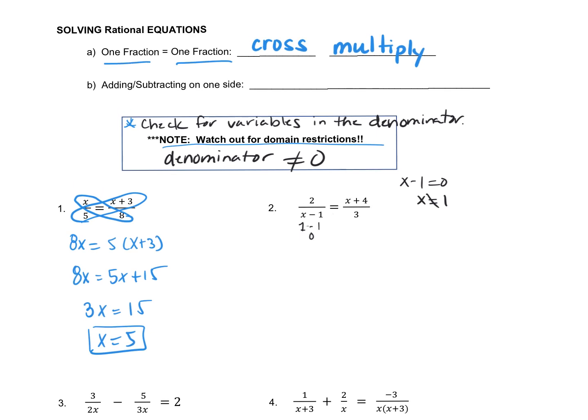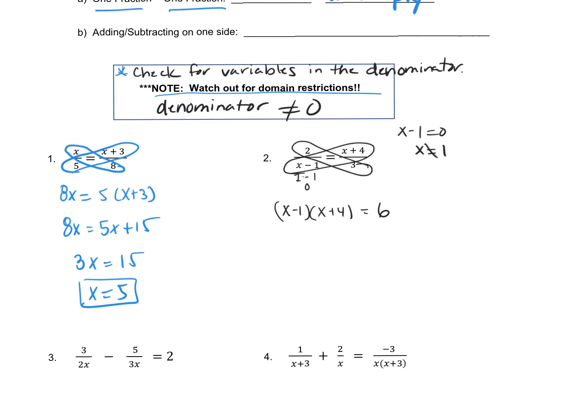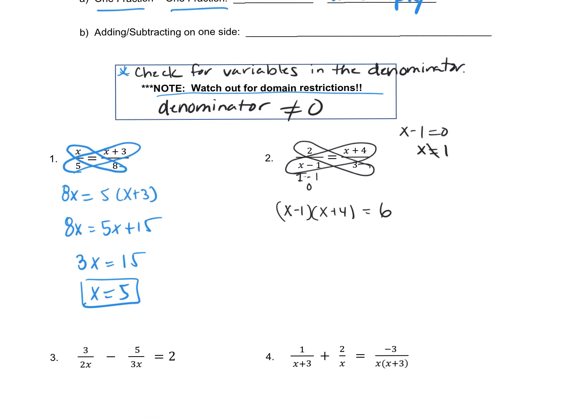Now again, this is a fraction equal to a fraction, so I can just multiply these two together and multiply these together. It doesn't matter which one is on what side: x minus 1 times x plus 4 equals 2 times 3, which is just 6. I'm solving for x, so I'm going to have to FOIL that left side.